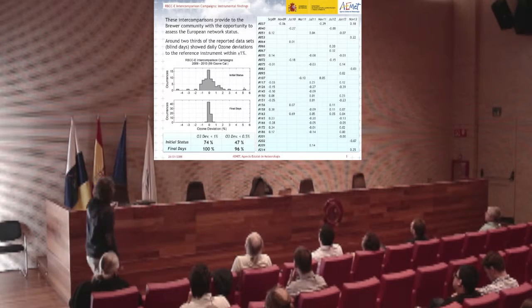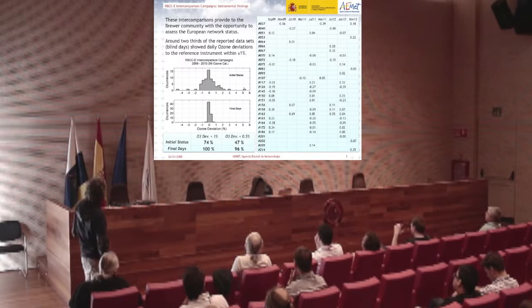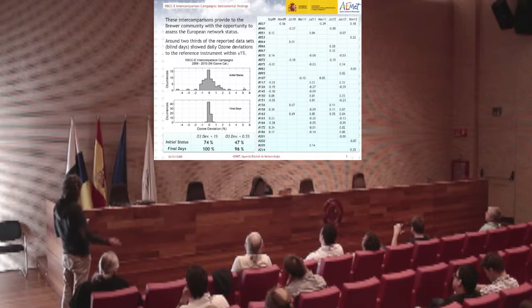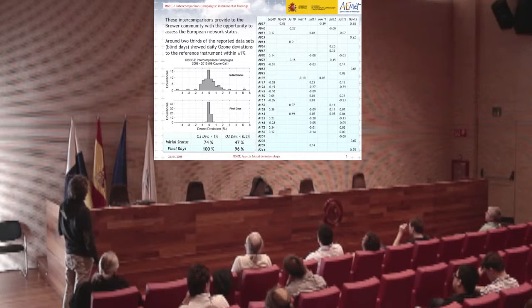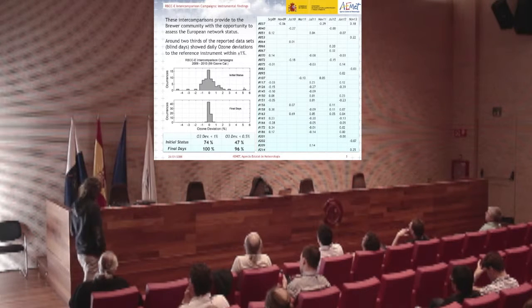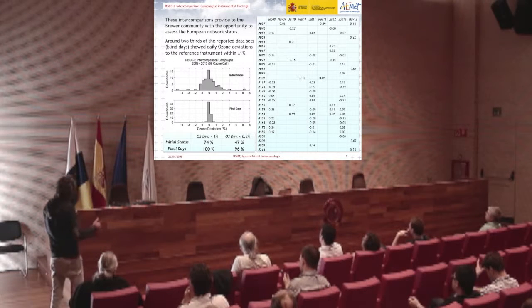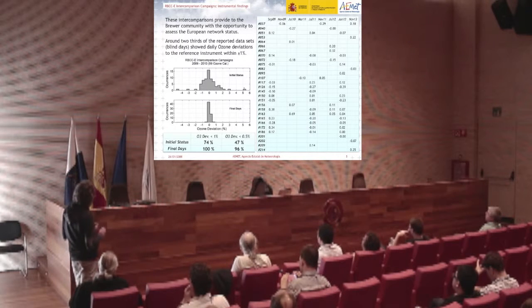Okay. So the first plot refers to the initial status of the instrument. We process the data during the blind days when the instrument comes to the campaign, and we process the ozone data using the configuration file provided by the Brewer operator.